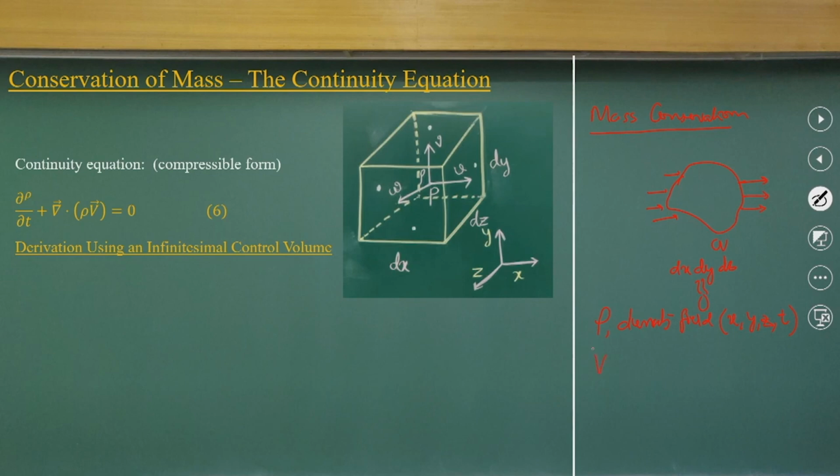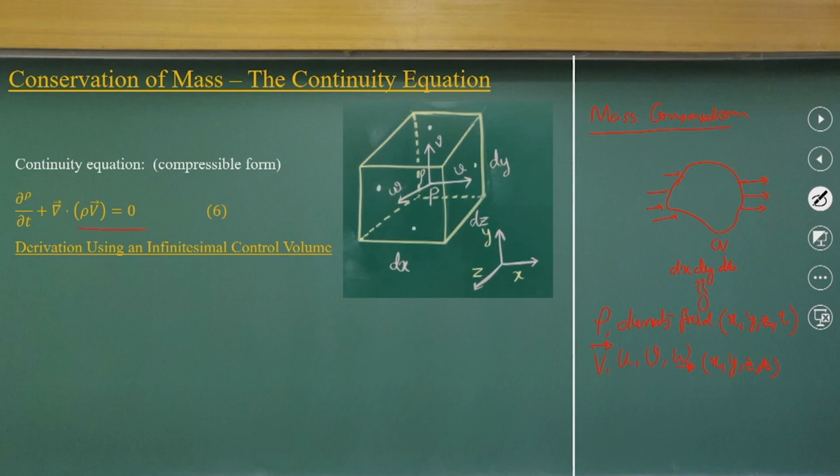V is the velocity field, which has scalar components small u, v and w, which will be functions of position x, y, z, t. So, considering that, through the Gauss theorem concept, we get the basic equation in this format.